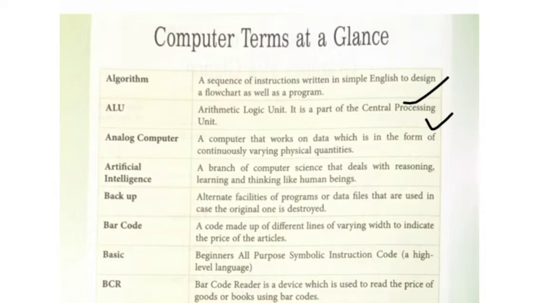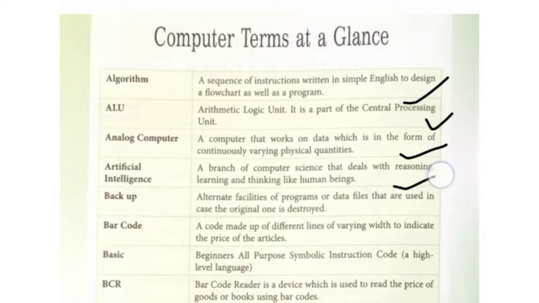And what is digital? Digital is where you will get just a 2-digit or 3-digit number to get the information. So that is analog computer. In an analog computer, same like that, you can get the information according to the physical quantity which you have given.